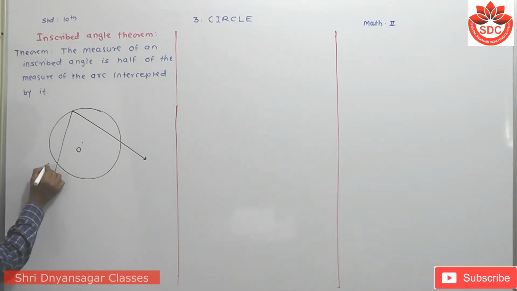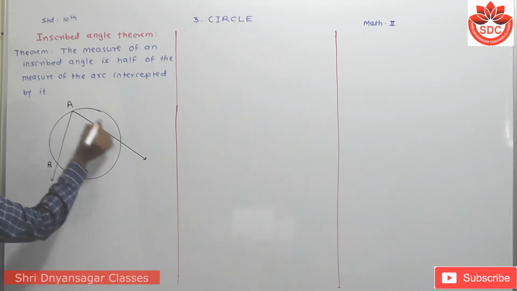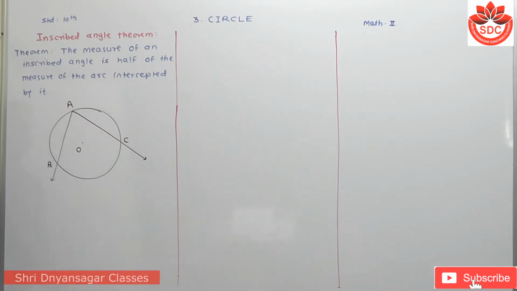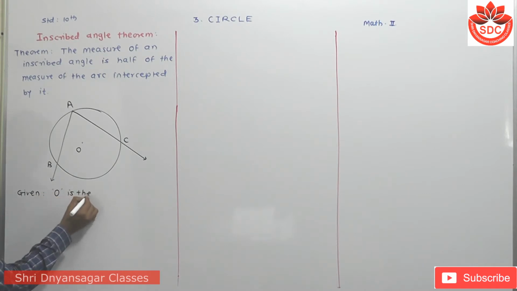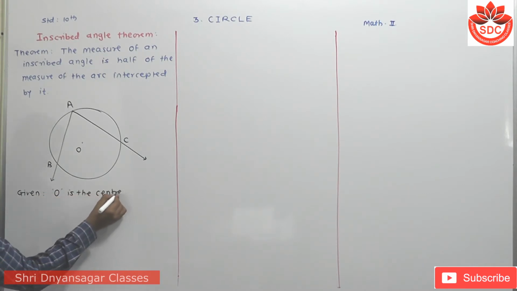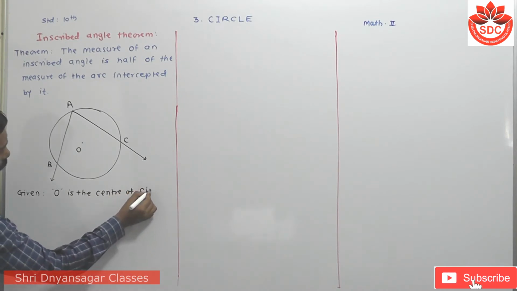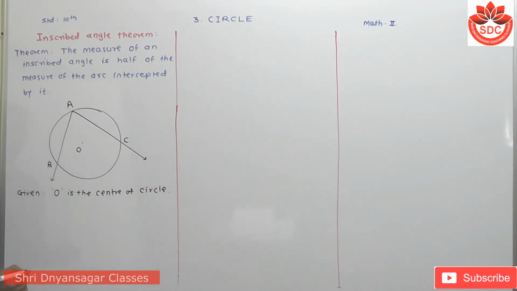Suppose this angle is BAC. Then student, we write the given this way: O is the center of the circle.